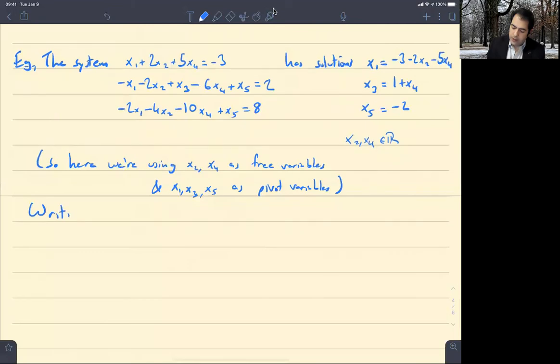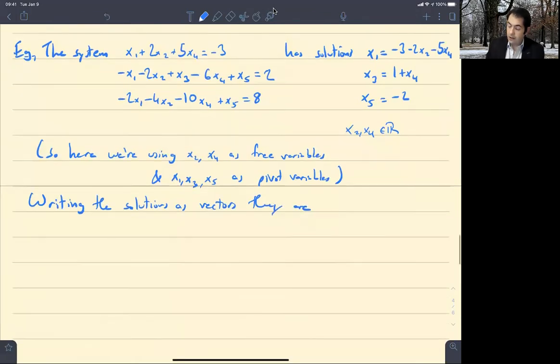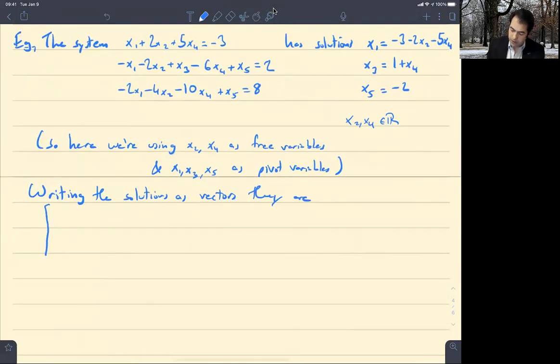Okay, so writing the solutions as vectors, they are, okay, so our vectors have 5 entries, so x1, x2, x3, x4, x5.